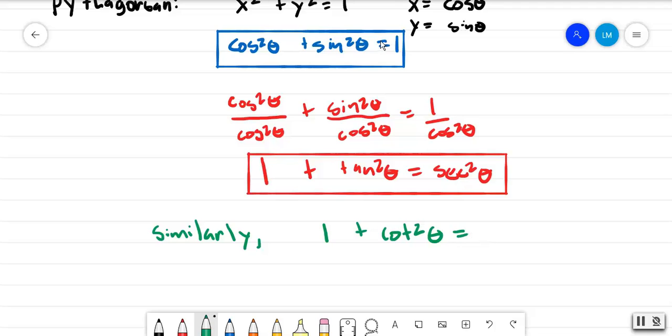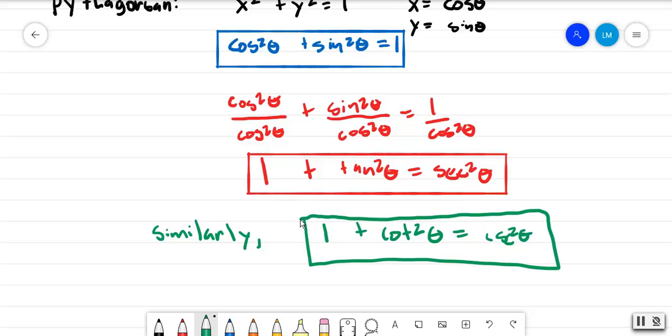Okay, so we're dividing by sine squared on both sides. So this is our other fundamental identity. Now, of course, if I wanted to solve for cotangent, I can solve for cotangent, or if I wanted to solve for cosecant, I can solve for cosecant.